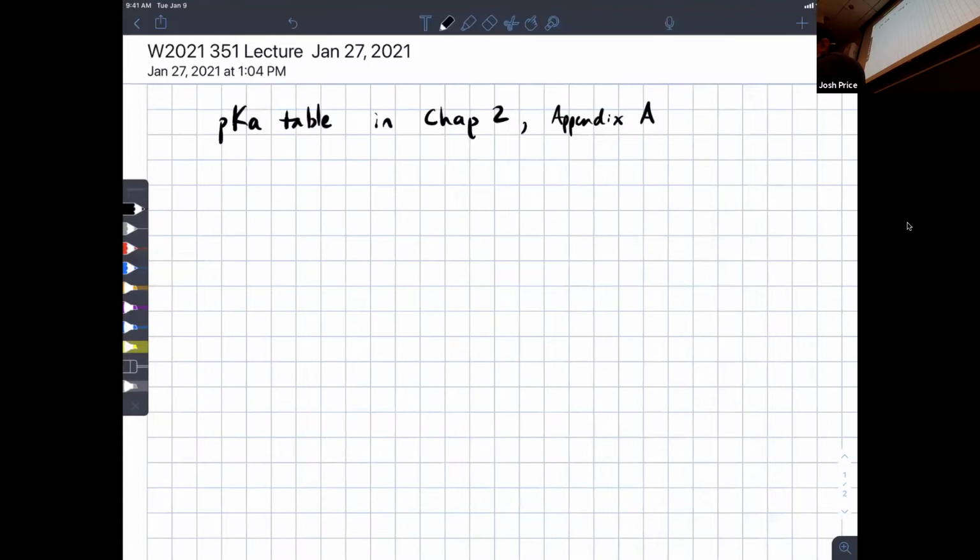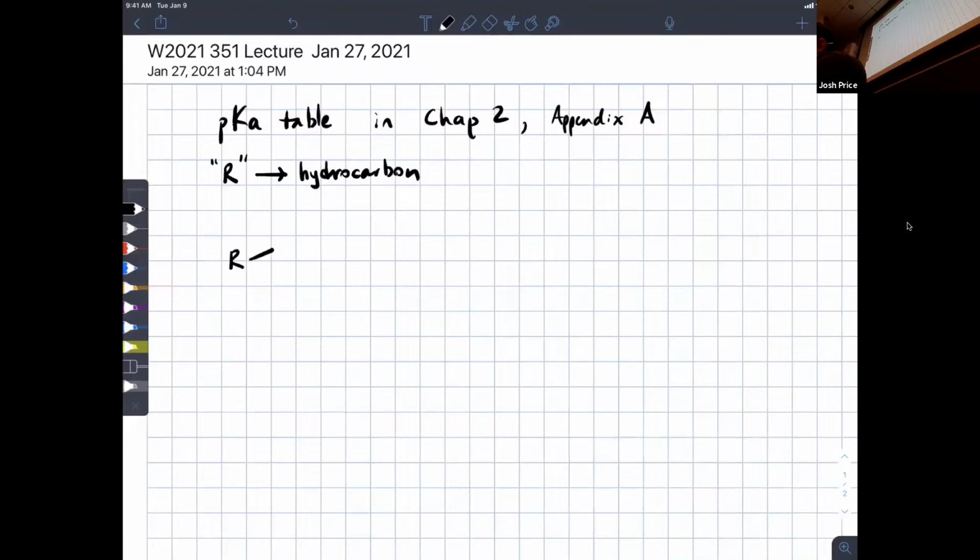So for the purposes of the pKa table, when we abbreviate a group as R, we're going to assume that R is something hydrocarbon. Sometimes in class, I will be sloppy with the R group and mean many different things, but for the pKa table, let's be that specific.